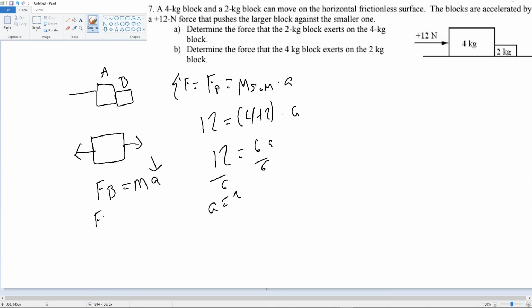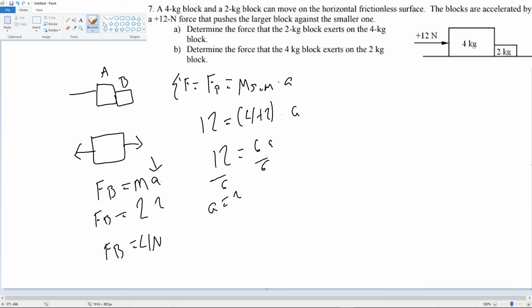Now going back to over here, now we can say FB is equal to 4 times 2. No, sorry, that's for block A. So FB is equal to 2 times 2, meaning the force that block B applies on block A is equal to 4 newtons.